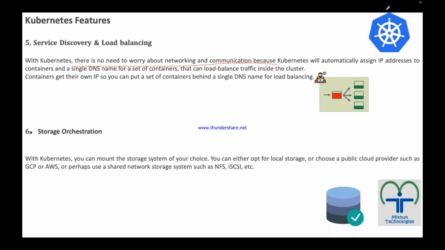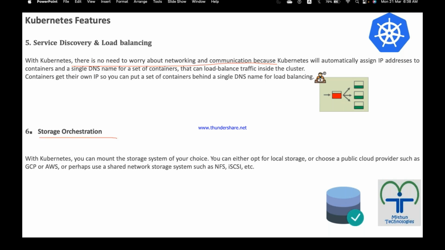Kubernetes will automatically assign IP addresses to the pods and a DNS name for those pods that can be used to access them within the cluster. So we have service discovery and load balancing in Kubernetes.